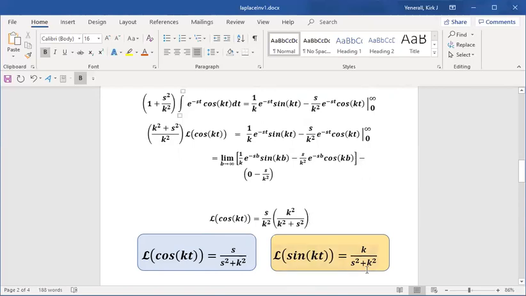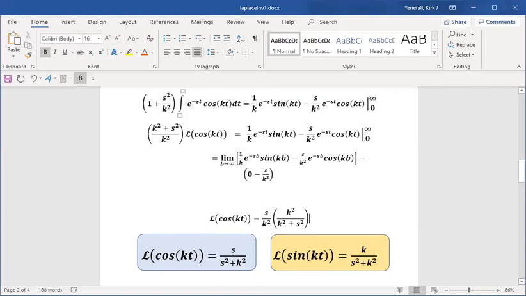But the key difference is that instead of having the variable s in the numerator, which we get with the cosine, we get instead the value of the constant multiplier k. So the denominators are the same, s squared plus k squared, but the numerators are different.